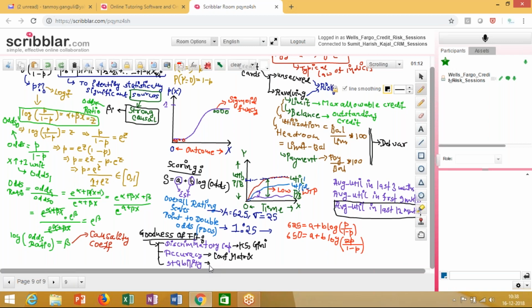The next part that we have is the stability matrices. So what are the stability matrices that we have? We have stability matrices like the population stability index. We have the CSI, which is your characteristic stability index, and so on.